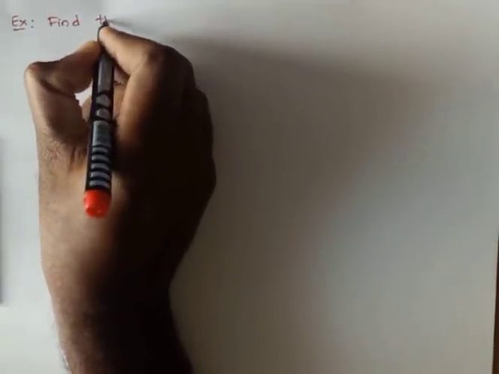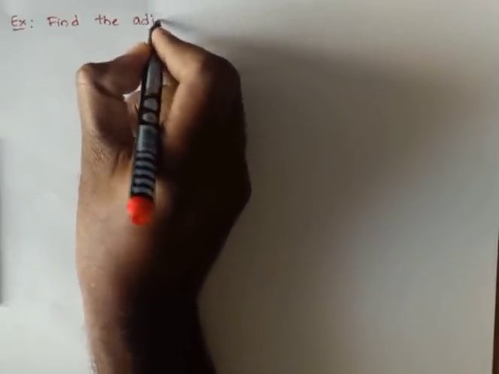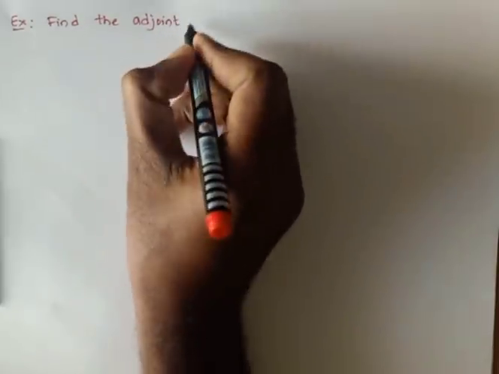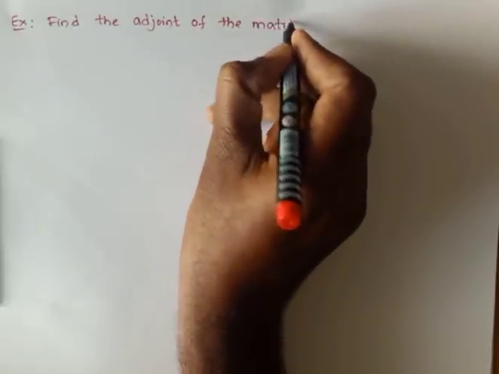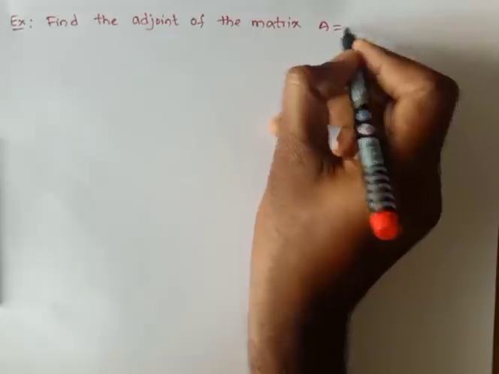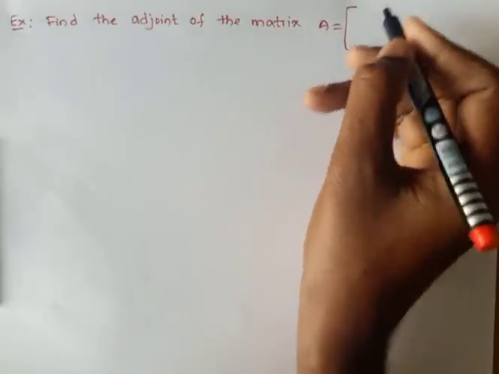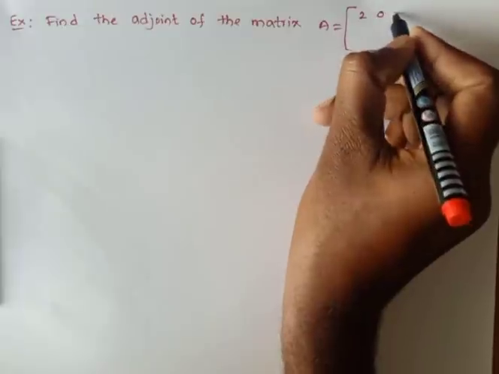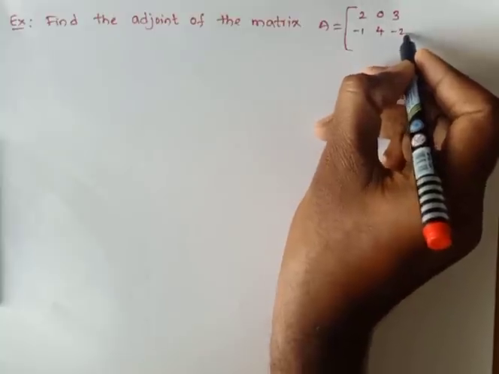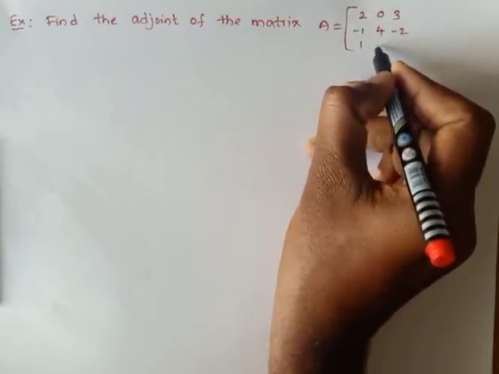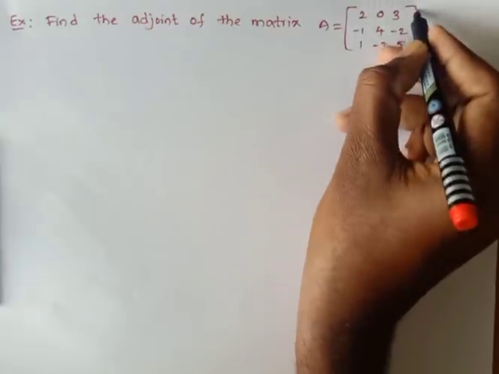For example, find the adjoint of the matrix A with elements 2, 0, 3, minus 1, 4, minus 2, and 1, minus 3, 5.